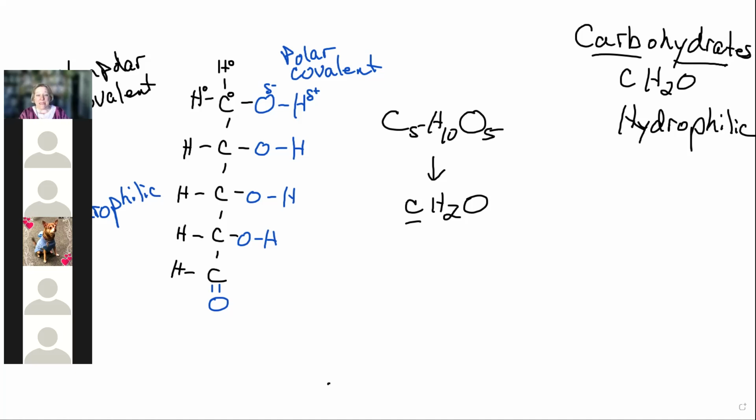So I can get simple carbs like this, and if they get long enough, they can flip around, and this oxygen is going to come talk to this hydrogen, and I'm going to get a molecule, in this case, that looks like this, okay? And one of the carbons is going to stick out.